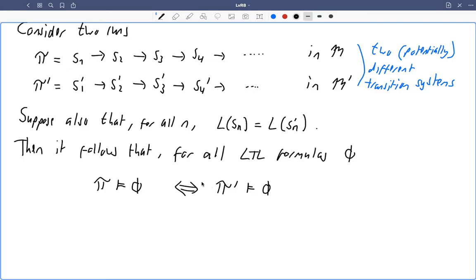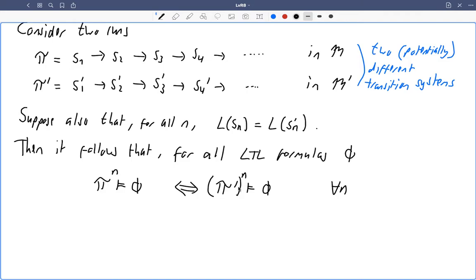Moreover, not only does it hold for the whole paths themselves, but the same property also holds for the shifted paths. Remember, we were writing pi superscript 2 for the subpath starting from state 2, pi superscript 3 for the subpath starting from state 3 and continuing to state 4, and so on. So we could also say, for all n, that pi n and pi prime n satisfy the same formulas.